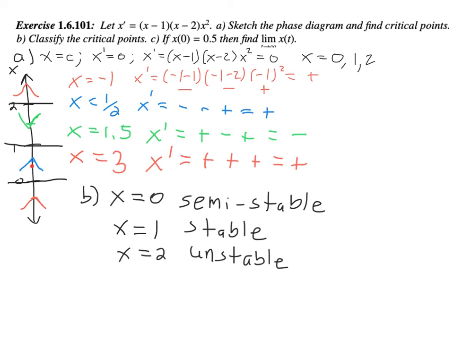So if we started off at 0.5, because we have an upward arrow, this means as time goes on, our solutions are going to increase, but they're not going to increase up towards infinity. They're going to increase and then start to flatten out as we approach this equilibrium at x equals 1. So for part C, as t goes to infinity, this solution over here is going to approach the equilibrium at x equals 1.